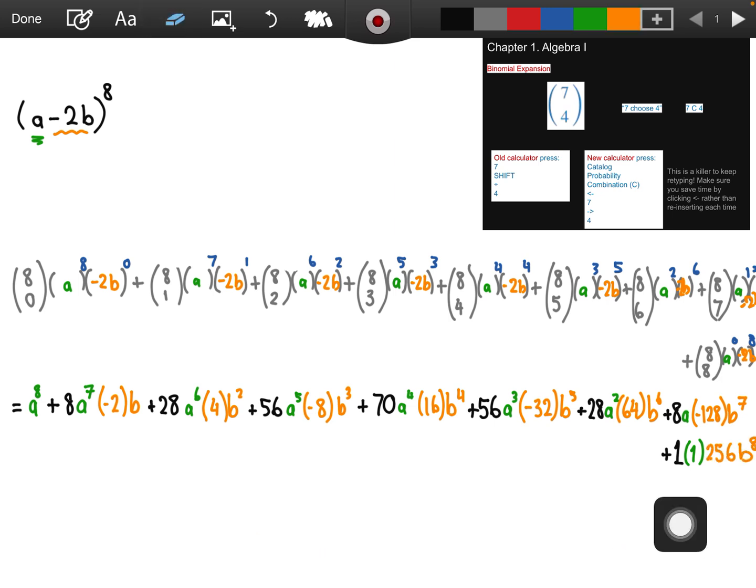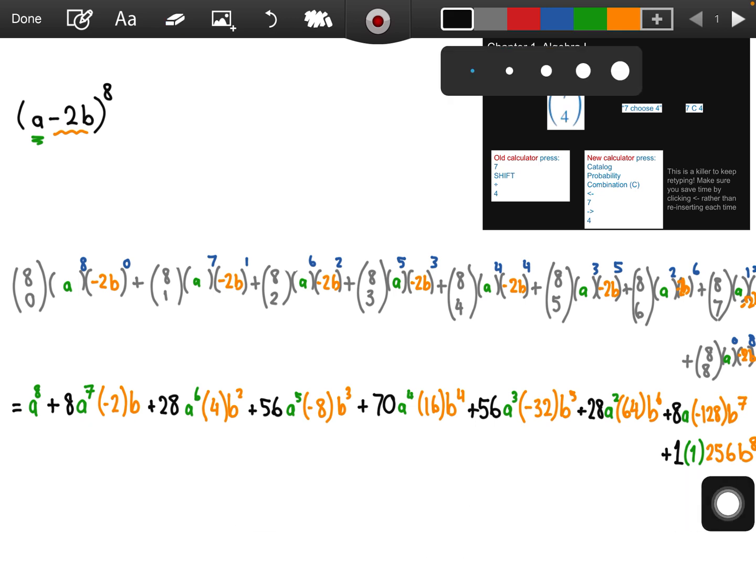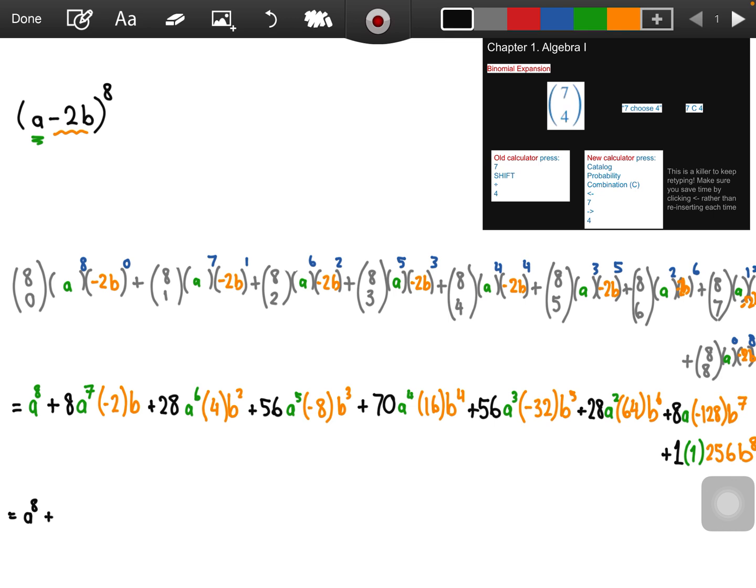Okay, so I'm going to go through this and do out my final bits of multiplication. Okay, all them things in orange I need to multiply what's in black. So, I'm going to get a to the power of 8 plus, and then I have 8 by a minus 2, so I shouldn't have done the plus. Okay, so it's minus 16, and then a to the power of 7, b.